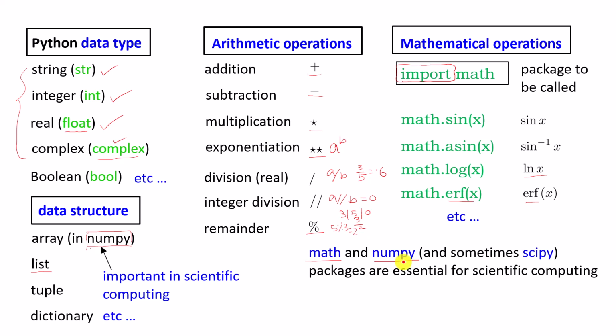Some of the complex mathematical programs that we would write by ourselves, later on you will learn that if we use the package SciPy, or Scientific Python, then all those complex mathematical calculations can be accomplished very easily. So these are the packages. Math and NumPy are most important, and sometimes we may use SciPy in bigger and complex programs. These are the most important packages in scientific computing.